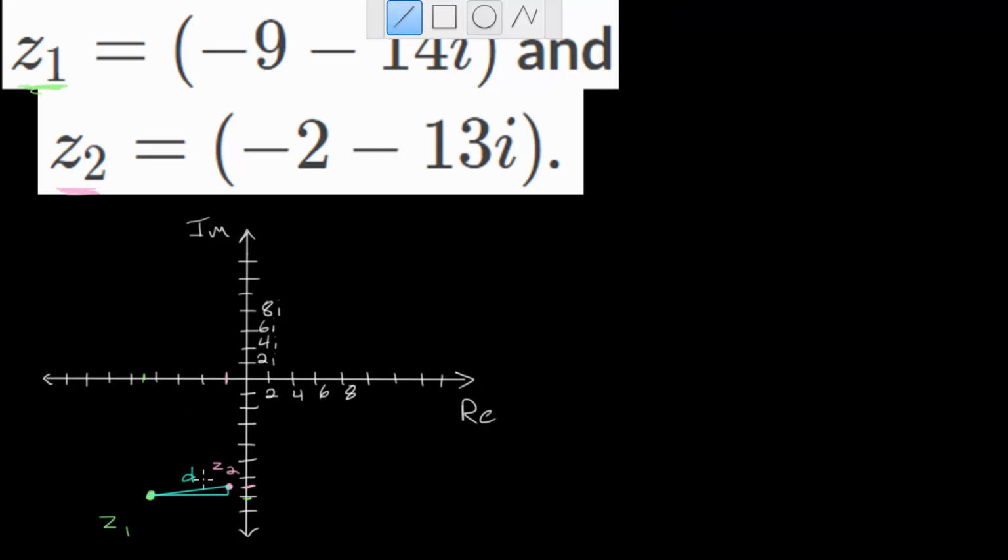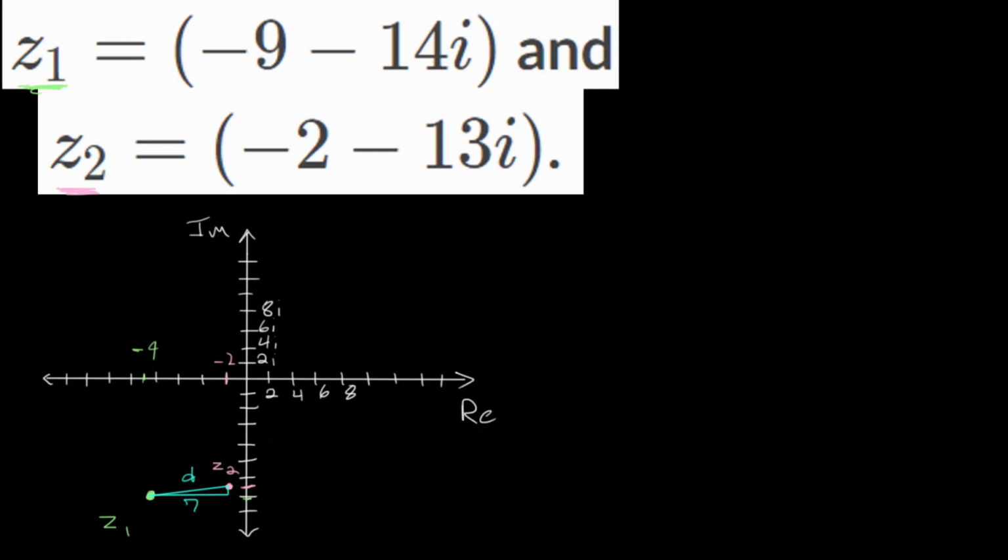So let's focus on the real values. We know z1 has a real value of -9. And z2 has a real value of -2. So if we find the difference of these numbers, or we can just count it out, that would be 7 units. So the horizontal component of the right triangle is just 7.